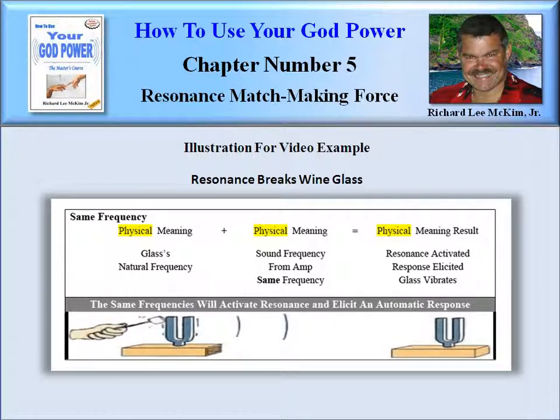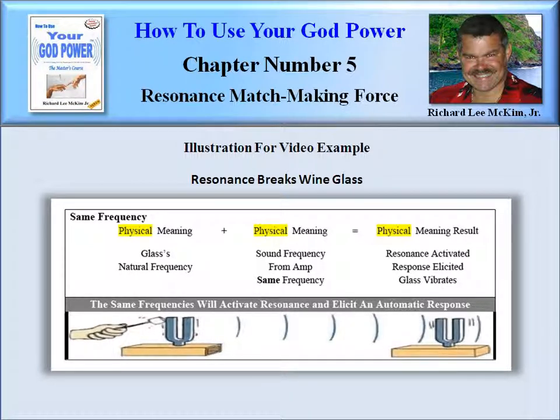The glass resonates and has the same frequency as the sound that's coming. So what happens? It starts to vibrate. In fact, if you watch the video, you can actually see the glass bending. I don't know how it does it, but the glass is actually bending, and it still doesn't break, but finally it does break. Now there's a couple interesting things about this that we need to cover.